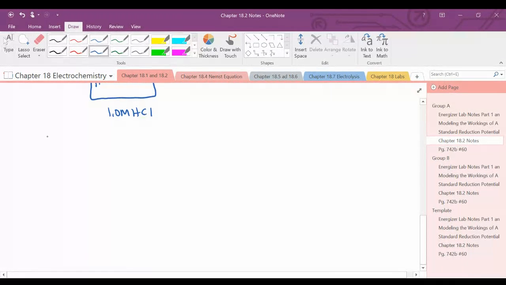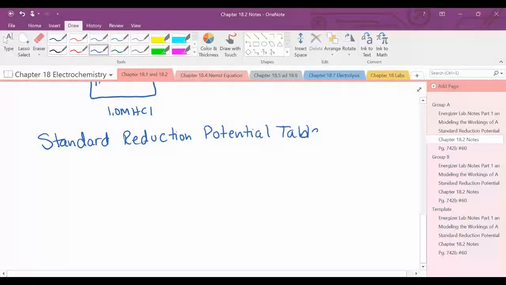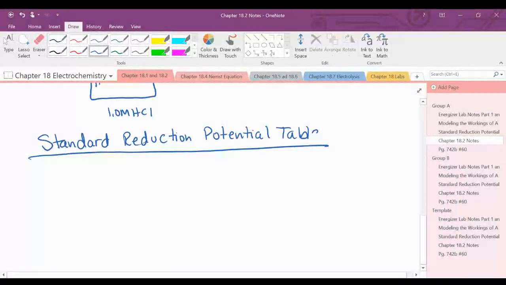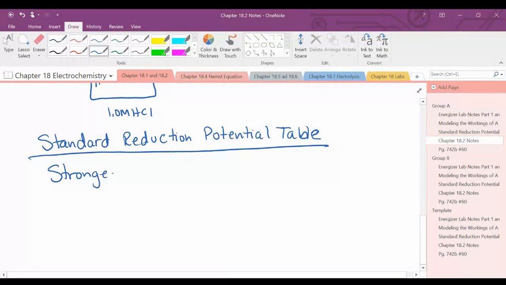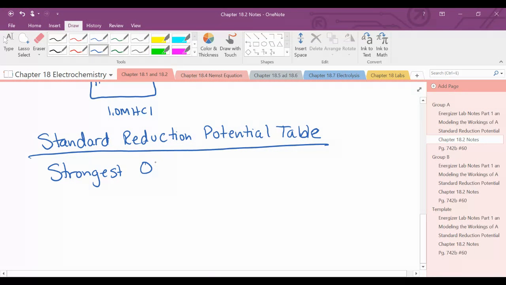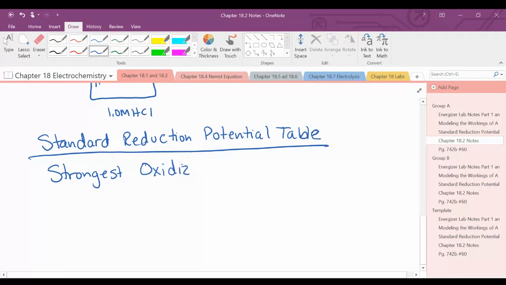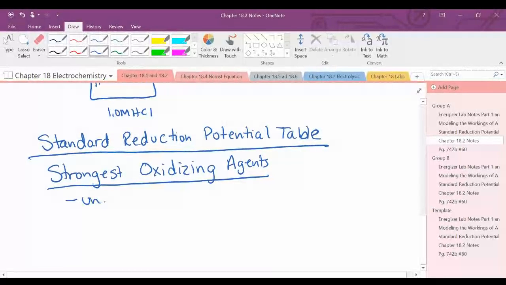If you look at the standard reduction potential table, the strongest oxidizers, oxidizing agents, if they're an oxidizing agent, they undergo reduction, because they gain electrons.